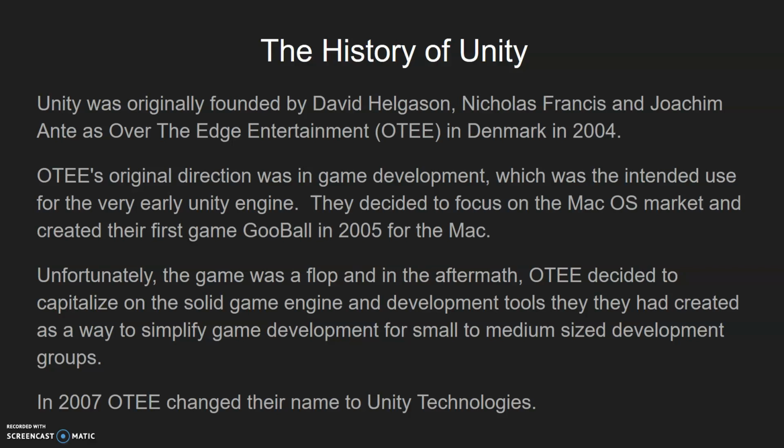In the aftermath of that, they decided that they weren't going to make games anymore, but they were really happy with how their game engine and suite of development tools had worked out. So they decided that they would market this to other developers, as a way to streamline and simplify game development for small and medium-sized companies that didn't have big budgets and access to a lot of resources.